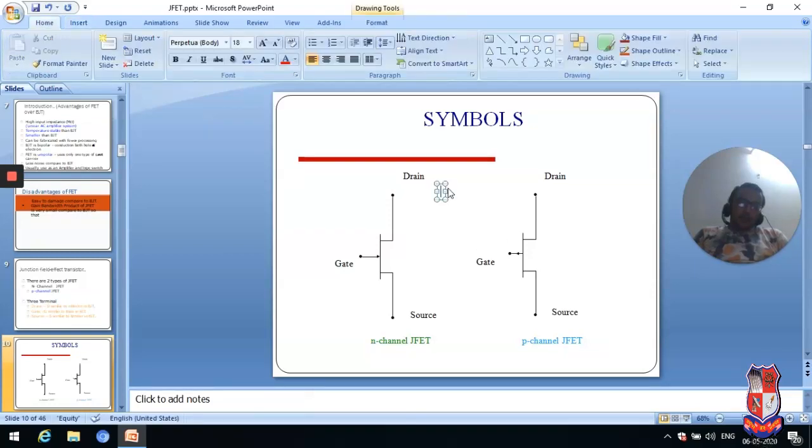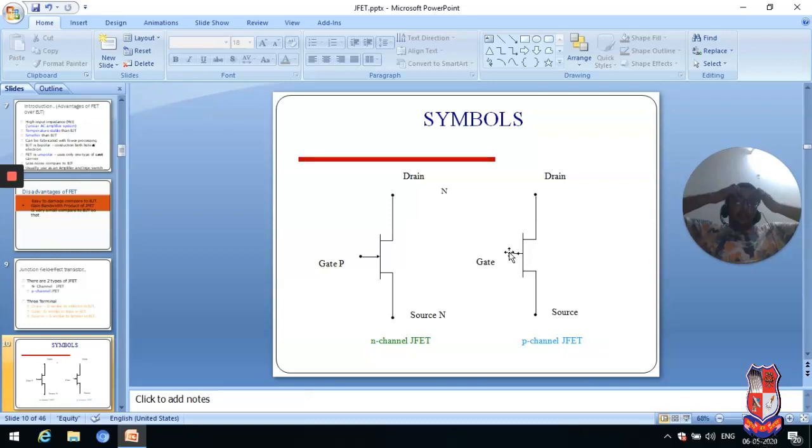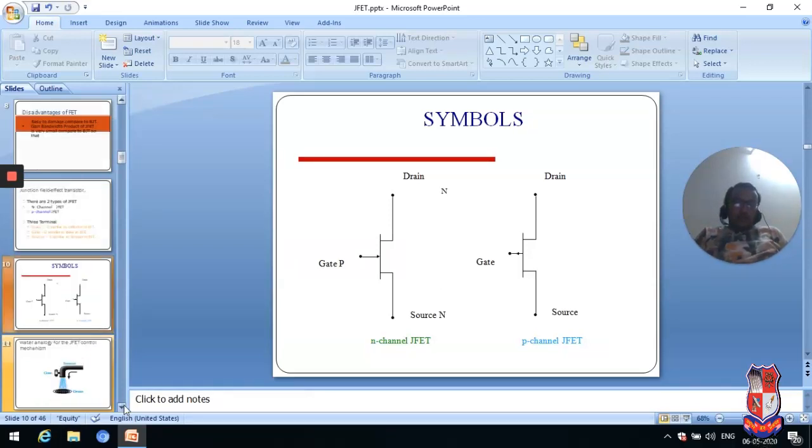Here N, here also N. So between the two N regions, here it is known as P. So current flows between P and N. That's why the direction of current is inside here, and here the direction of current is outside. So it is the concept of N channel JFET and P channel JFET.